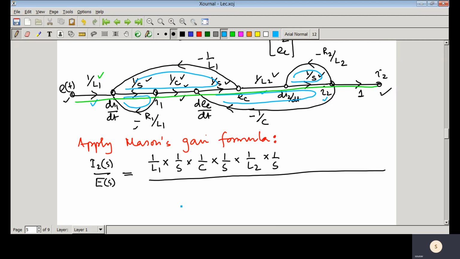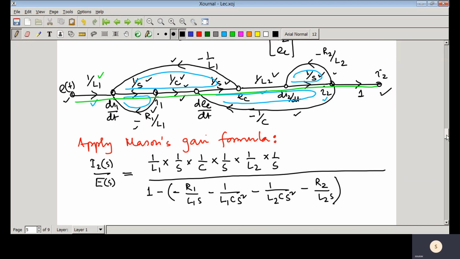So I am just writing directly here: 1 minus all the loop gains. R1 by L1S, this loop, then this is the second loop, that is minus 1 by L1 C S square. Now this is the third loop, minus 1 by L2 C S square, and this is the fourth loop, that is R2 by L2S.